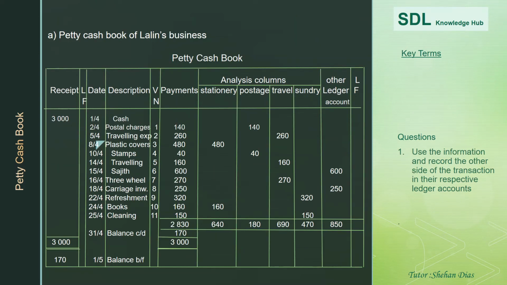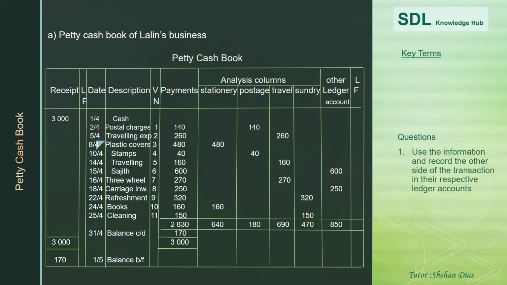First, we need to put down the petty cash book format and then record the initial imprest received under the receipt column on the first date as cash, which is 3000, and then start to record each of the transactions under the respective columns and the other ledger account columns.